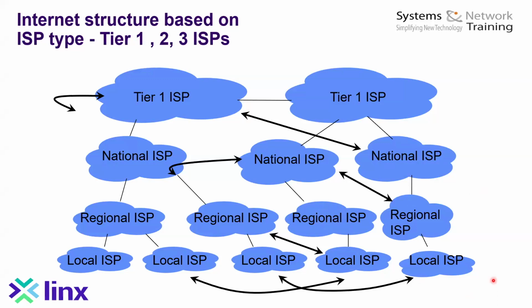Tier 3 service providers basically focus on local business and consumer markets. They provide access to the internet for end consumer customers, like via cable, DSL, fiber, wireless, all that sort of thing. Their general coverage is limited to specific countries or even regions, like metro regions within a country.